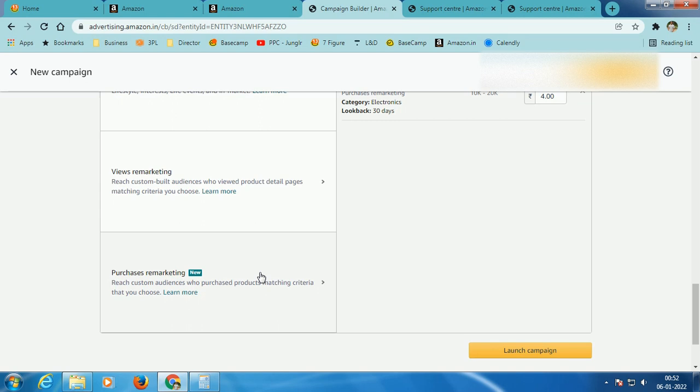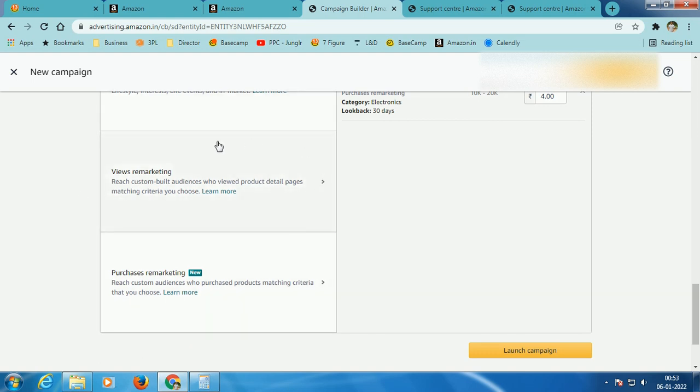In views remarketing, let's assume 1,000 customers have viewed product detail pages, but only 100 people have bought that product. That 100 will be shown in purchases, and that 1,000 will be shown in views. Understood? I hope this is clear.